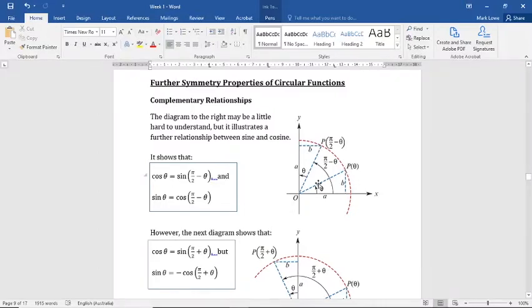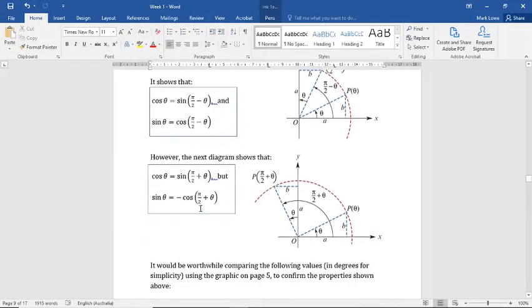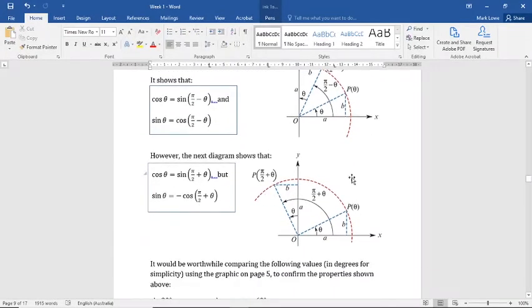So sine of theta is the same as cos of pi on 2 minus theta, and vice versa. Cos of pi on 2 minus theta is the same as sine of theta. Okay, and that's what's summarized in this point here. These are equal.